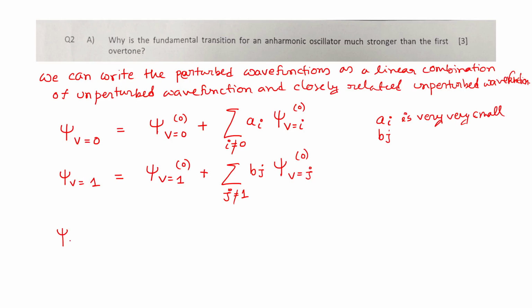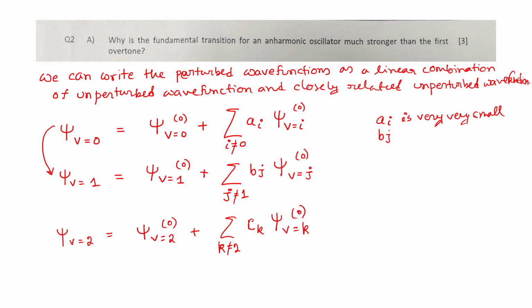Then psi v equals 2. We will only discuss these three, because we are going to discuss the transition moment between these two, then it is my fundamental, and these two would have been my first overtone. c_k psi equals k.